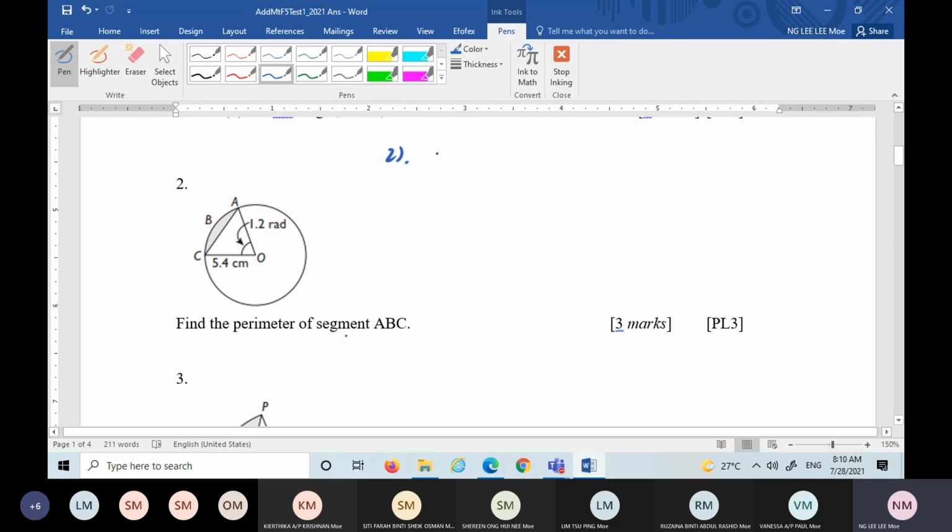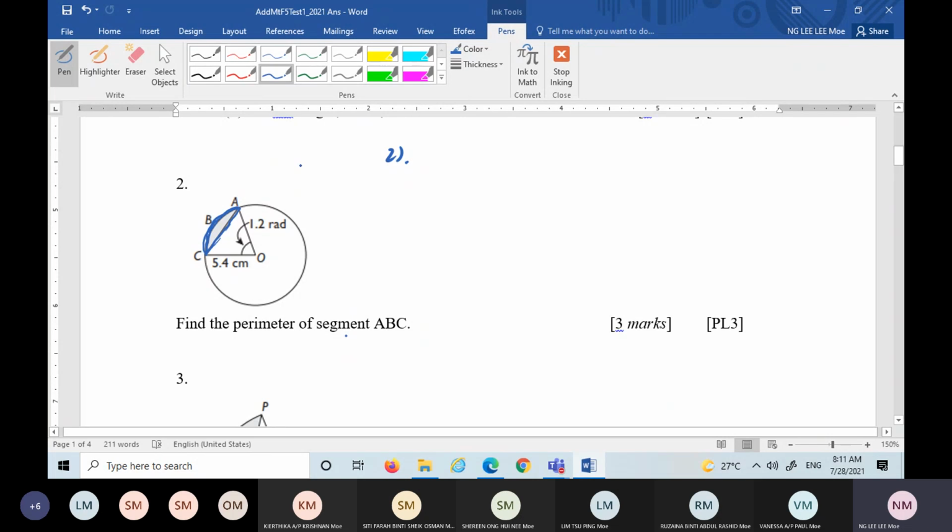Find the perimeter of segment ABC. So the perimeter of the segment is this line plus this line. The curve is the arc, so for this one we use S equals R theta. And for this line, we use a triangle to help.